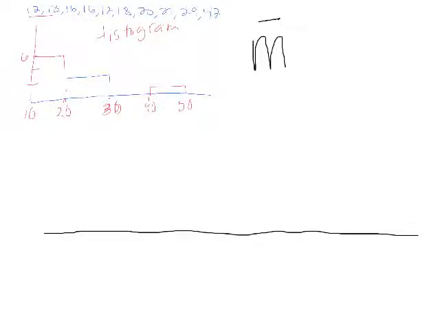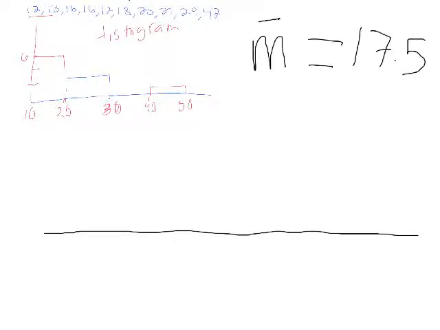We're looking for the median: 1, 2, 3, 4, 5. For the box and whisker, we don't need the mean. It's 17.5. So that's where you want to start the center of your box.